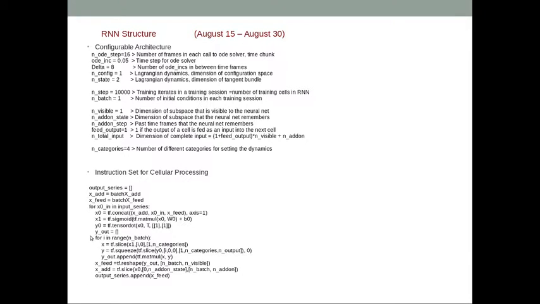So we have an input series here given by x naught, and that input series consists of the past observations, the current state that you're going to feed in, and x feed, which is your prediction for where you currently are from your previous cell.